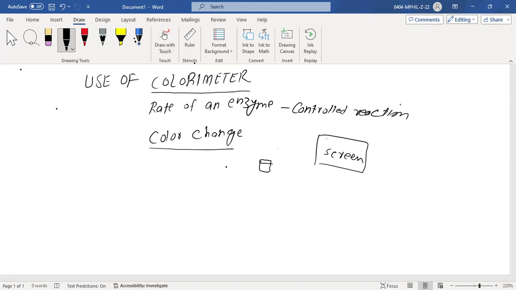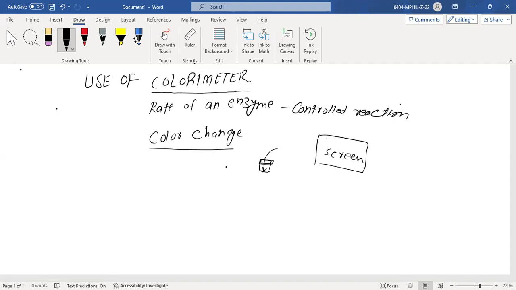You have to add your reaction solution to this small container, which is called a cuvette.